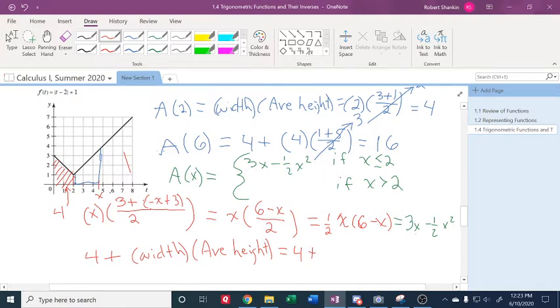Now, the width of this, if this is x, what's the width of just the blue portion that I drew right over here? Is it still x? It's x minus 2.